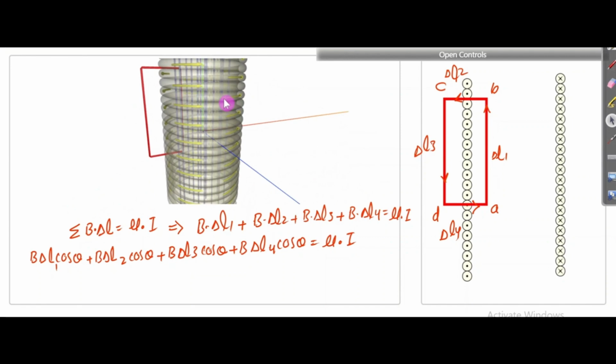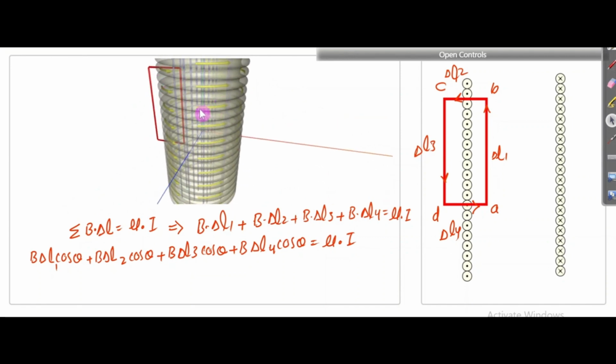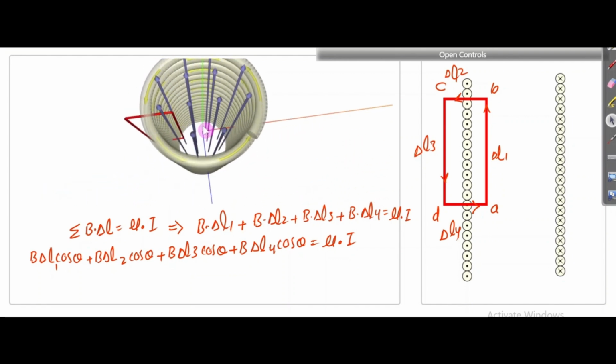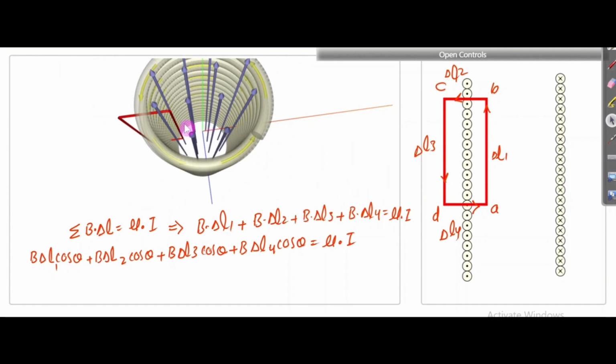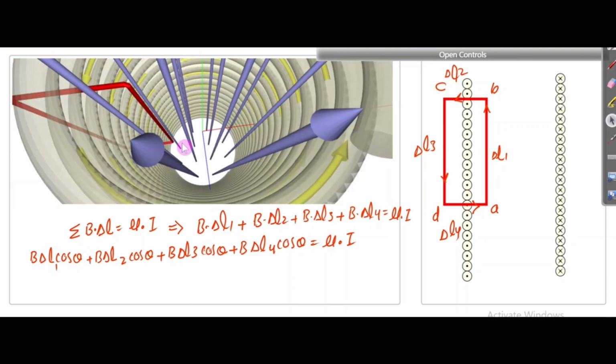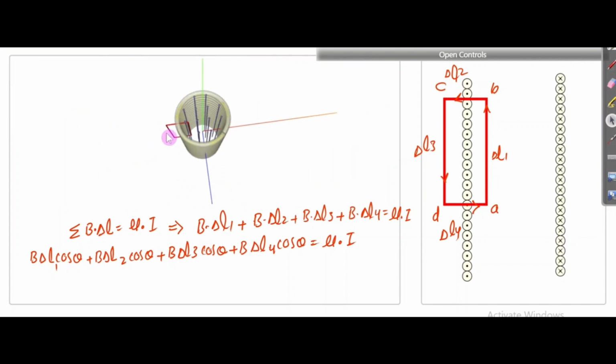The direction of the length of the internal side of the Amperian loop is parallel with the direction of the magnetic field.